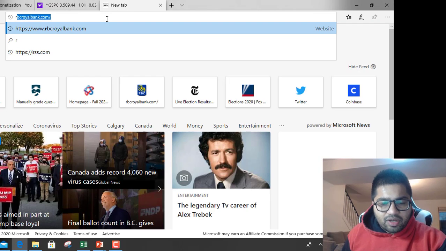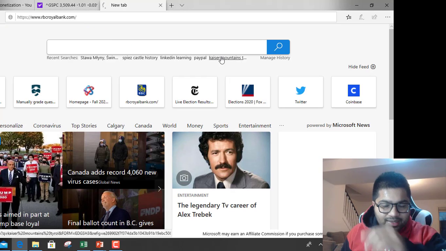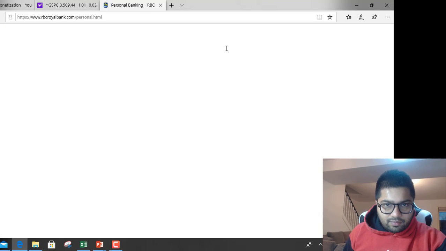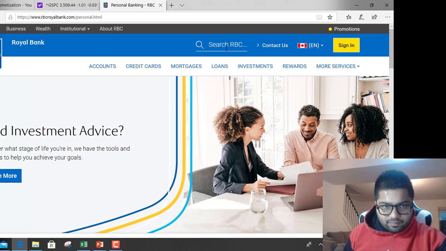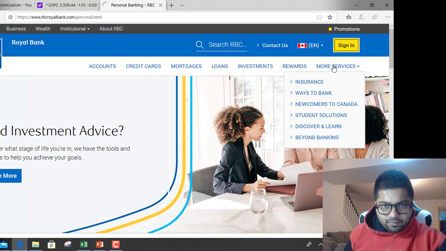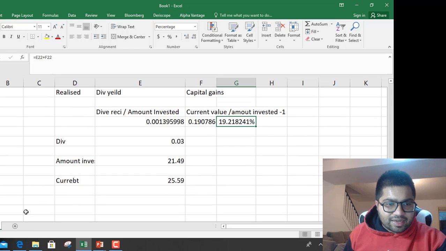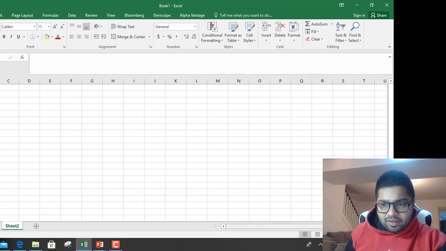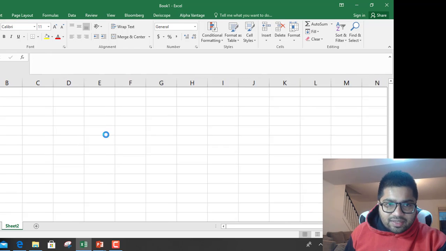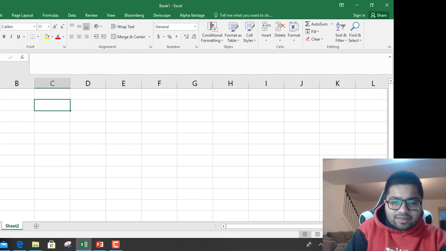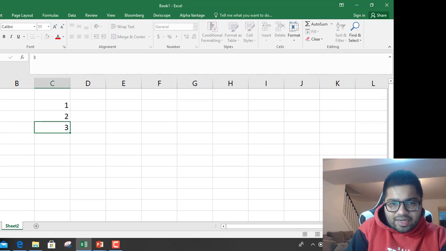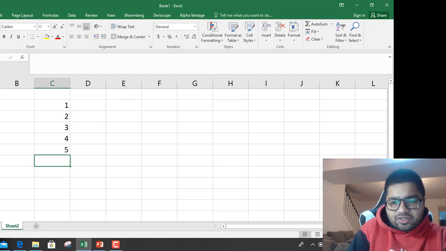I'll explain to you how it will work, but it will take time, so I'll just make up data and then I'll explain. Okay, so what is annualized return? Annualized returns means you can convert any form of returns to annualized returns.